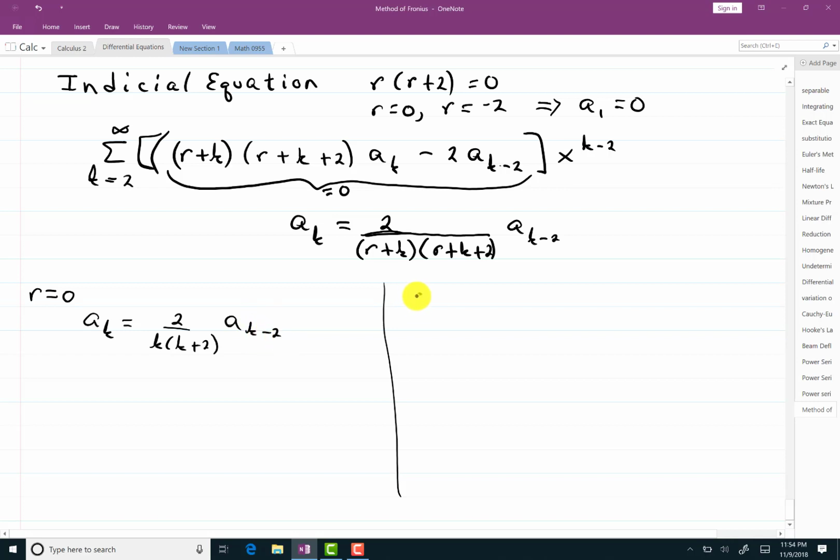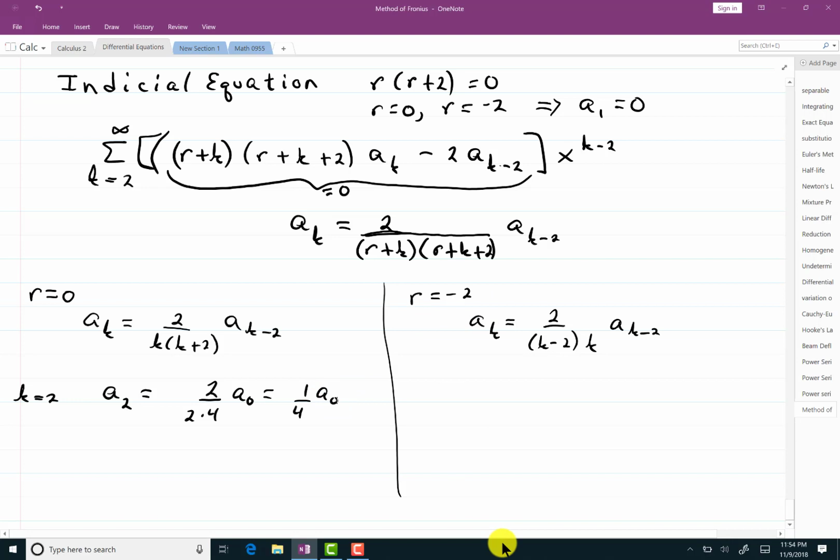And when r equals negative 2, a sub k will equal 2 over k minus 2 times k, a sub k minus 2. Remember the k starts at 2, so when k equals 2 over here, I get a sub 2 equals 2 over 2 times 4 a sub 0, which is 1 over 4 a sub 0.